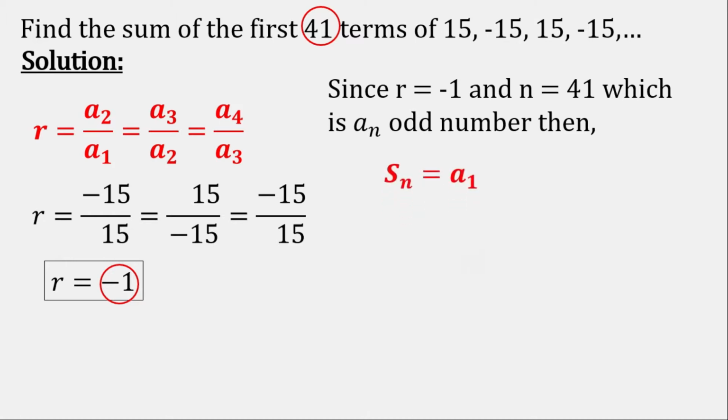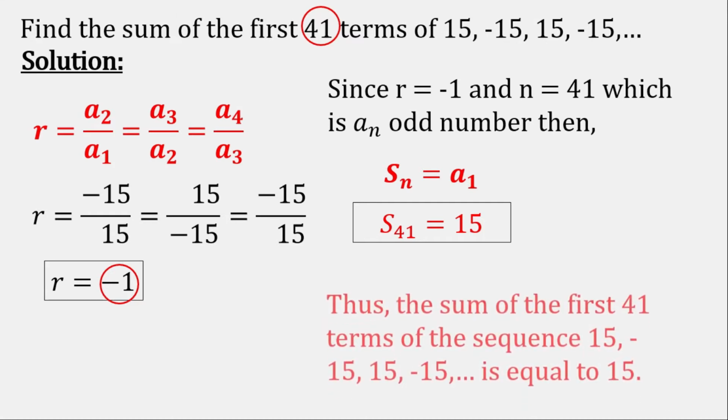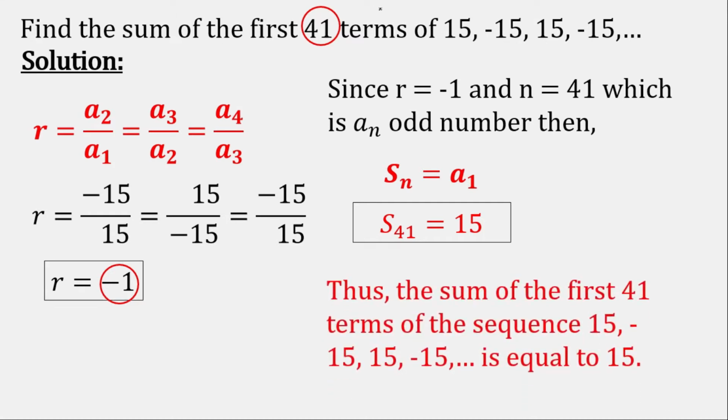So if we solve this, we just use the value of a sub 1. Why is that? Because if there are 41 terms with the same number and alternating sign, 40 terms could cancel out each other and only one term will be left. So that is a sub 1, which in this case the answer is 15.